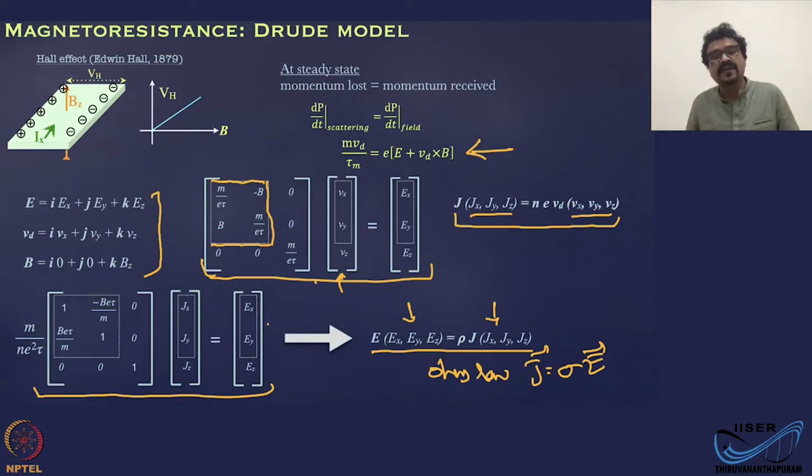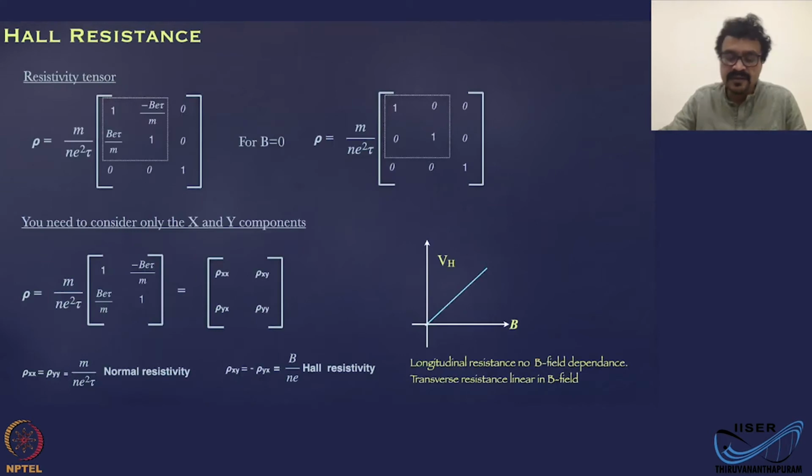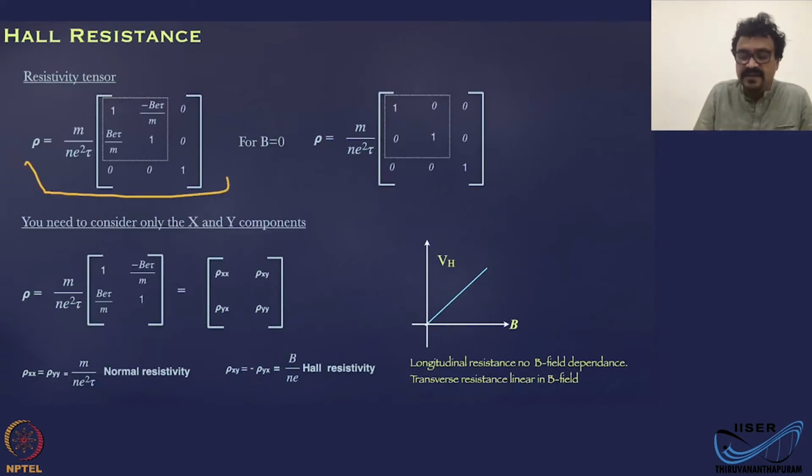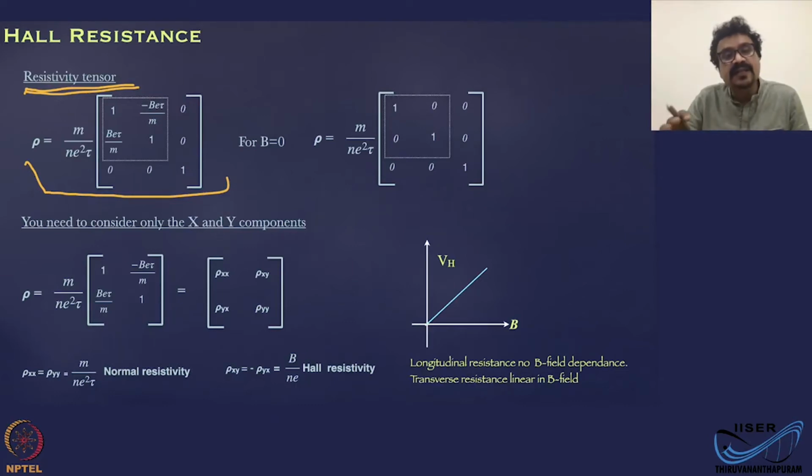So here, what you have now is this rho, the resistivity, as a tensor. It's a resistivity tensor because it has components in all the directions. So it's a 3 by 3 matrix.